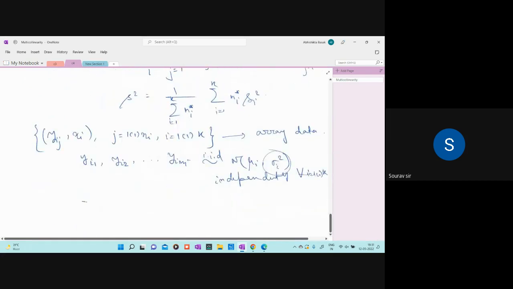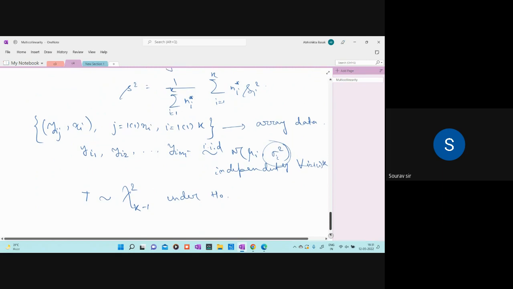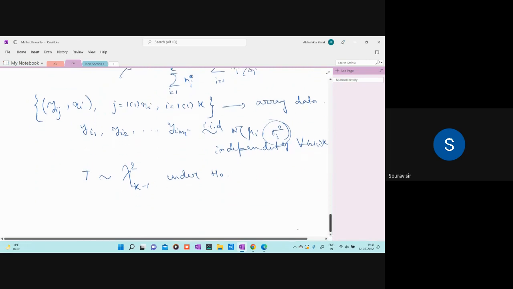So T is going to follow chi square k minus 1 under the null hypothesis H naught, and the data is said to be heteroskedastic if capital T is greater than chi square k minus 1 comma alpha.